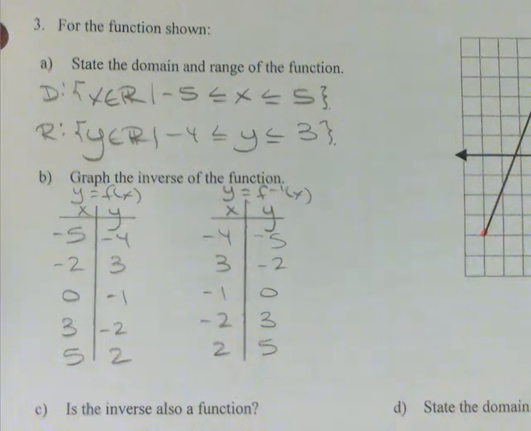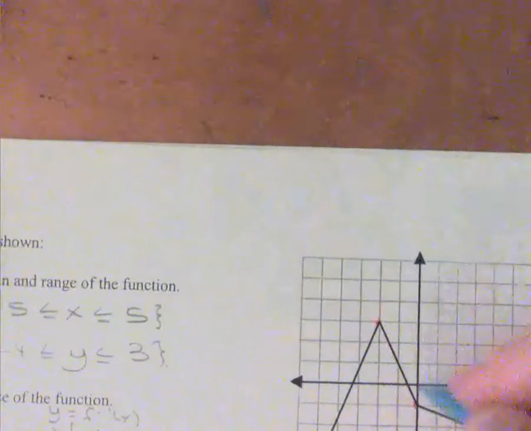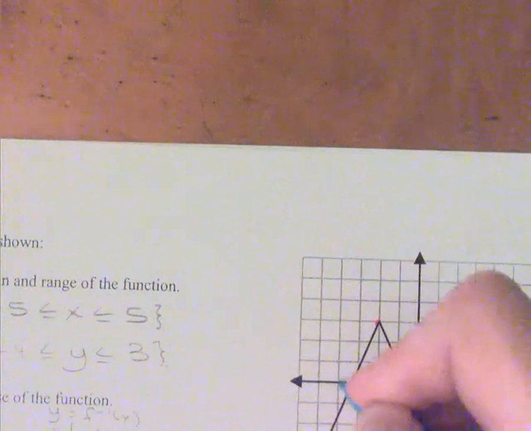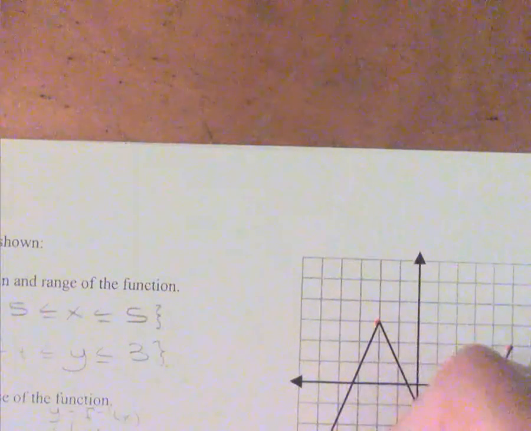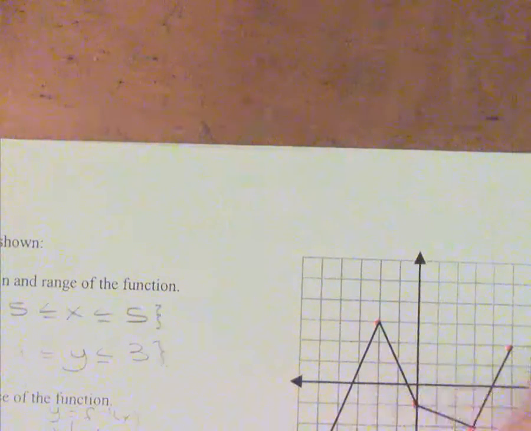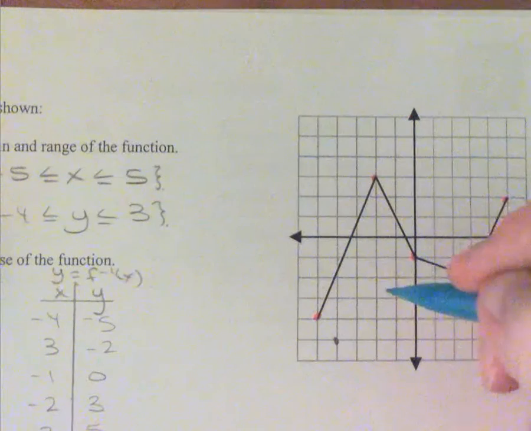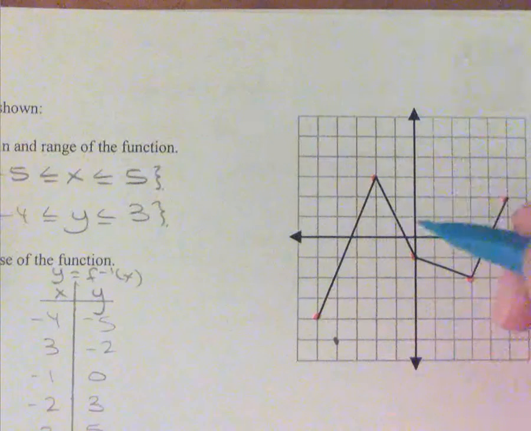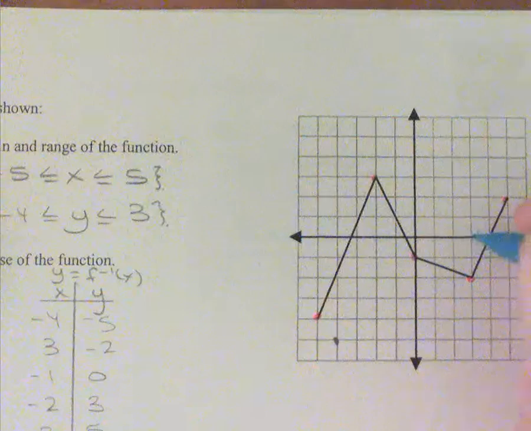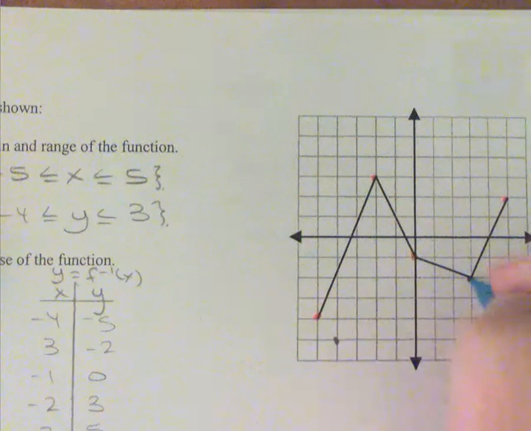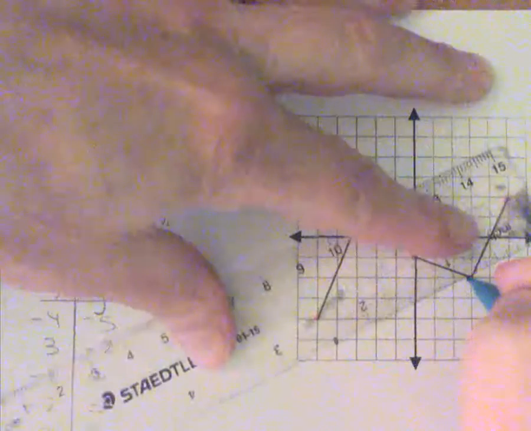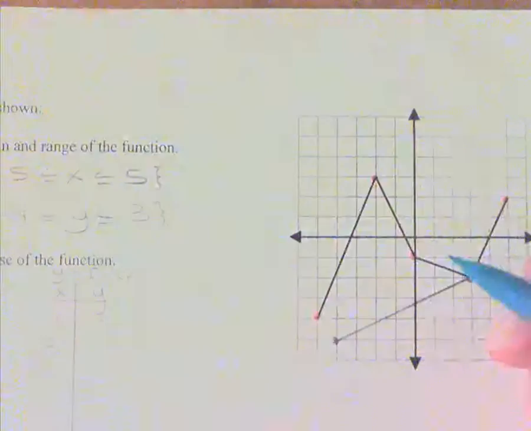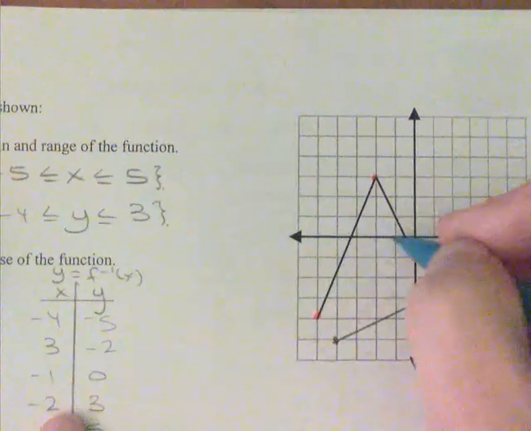So now I'm going to graph that. So we have minus 1, 2, 3, 4, minus 1, 2, 3, 4, 5. One, two, three, 1, 2. Minus 1 and 0.